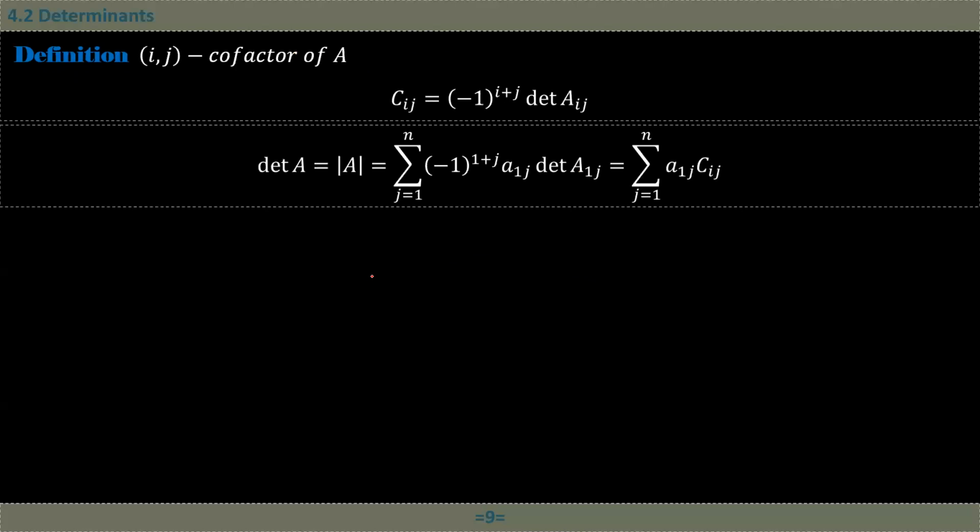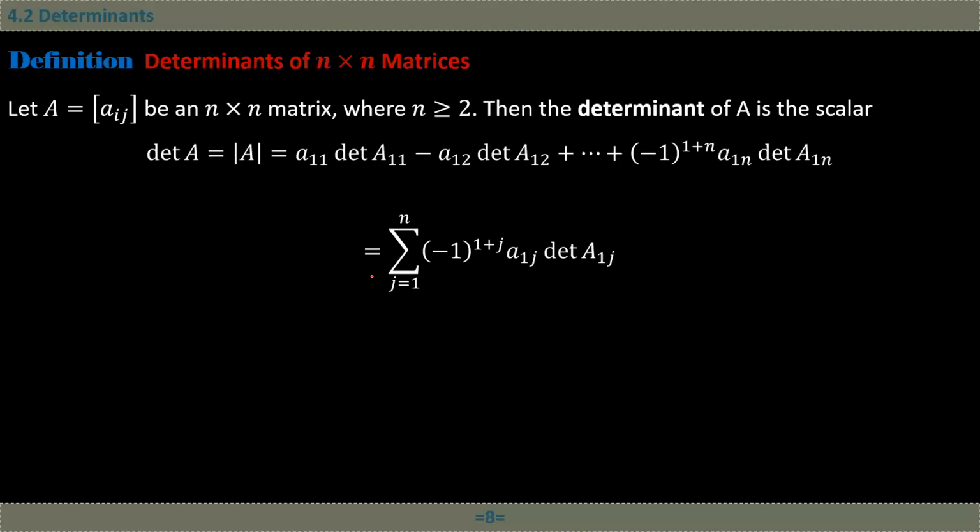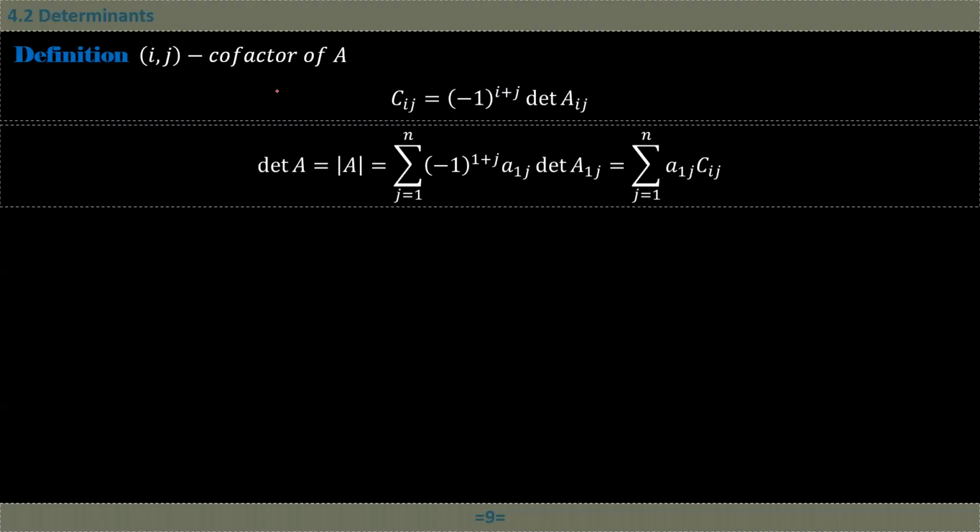Okay, so as you see here, each time we have -1 to the power of 1 plus j times determinant of A1j. Actually, instead of this one, I can use another notation, another labeling, to write this in a more compact form. So let's say that it's called the cofactor of A. What is the cofactor of A? It's just defined as the product of these two things.